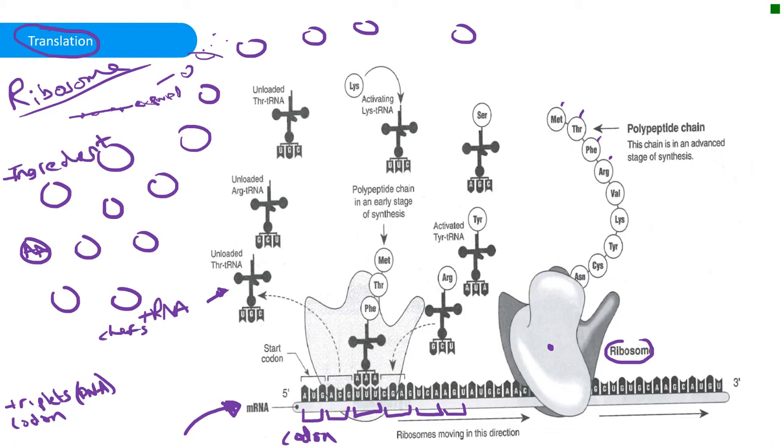So what happens is that we have a start codon, so that would say start, and then the chef, which is the cross thing here, the tRNA molecule, has on its feet the corresponding anticodon, which is, let me get a good colour to highlight that.